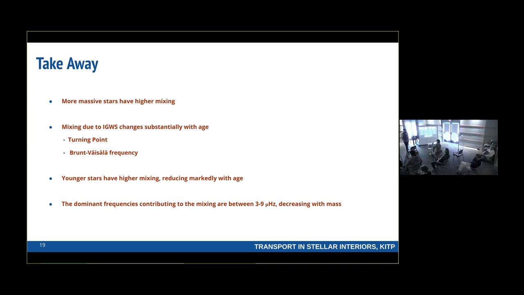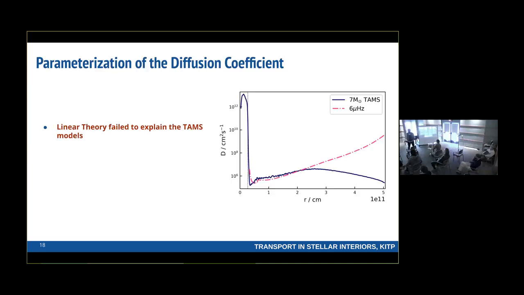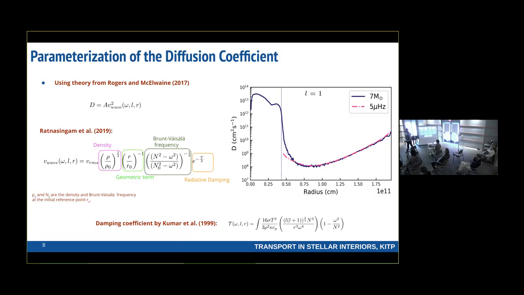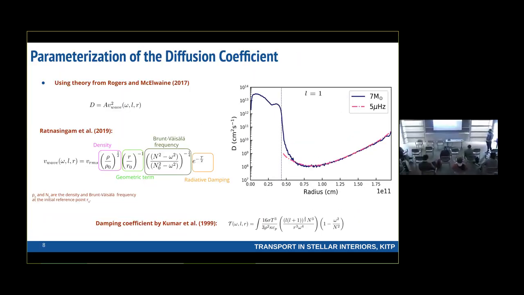I think it's like A times the velocity squared, which dimensionally should have dimensions of a time. And related to that, do you have a physical interpretation for why the most important waves seem to be around 3 to 9 microhertz?